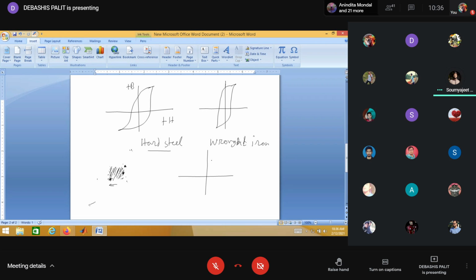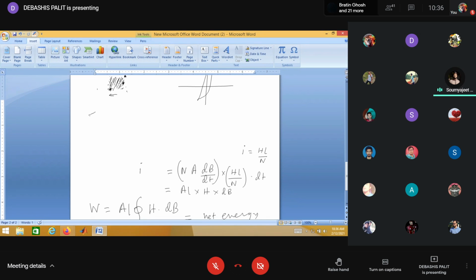Sir, can you please superimpose the three graphs for better understanding? Actually, I have two colors, black and red. Sir, use dotted lines for the third one. So this is, say, hard steel.